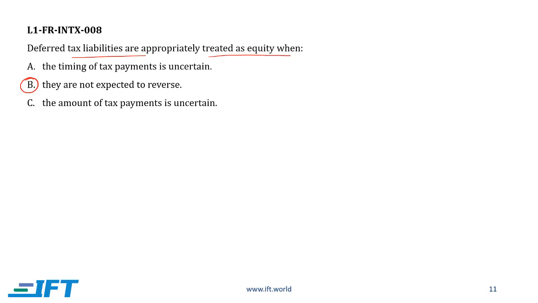So if in accounting books we are using straight line and in your tax books we are using the accelerated method, but we keep on buying assets, then the reversal will not take place. Then again we are going to report what? Instead of deferred tax liability, we will be reporting equity.